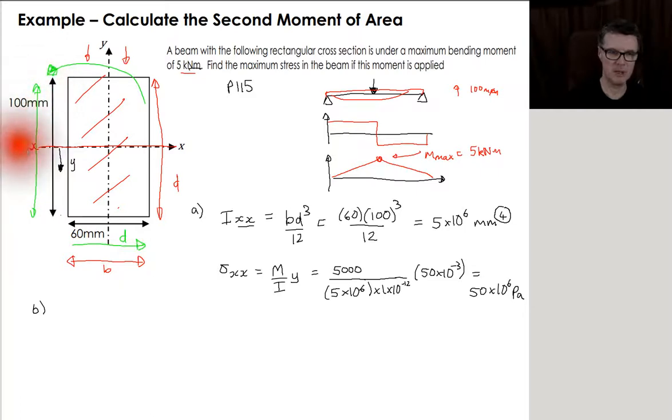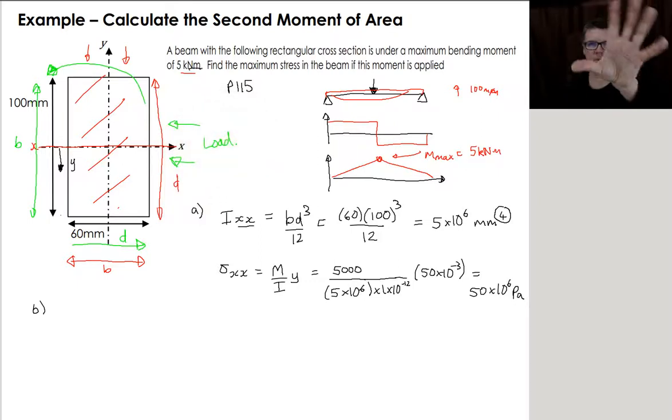So that's my B. Okay, so you can see now that the load, when I flip it around, will be coming from this direction here. So the load is now from here. You've got to imagine this thing being twisted and that the load is now on the sort of flat part.